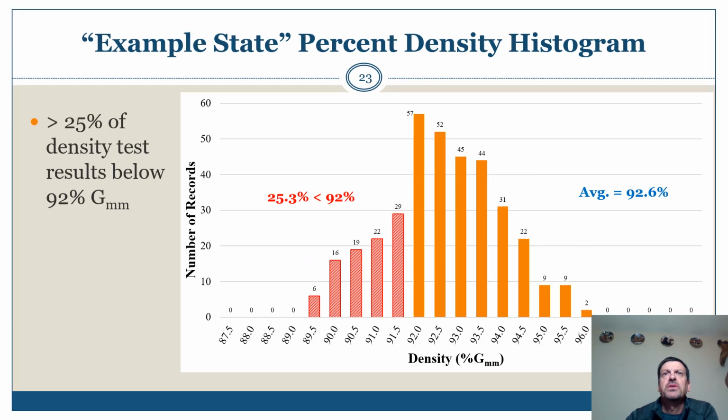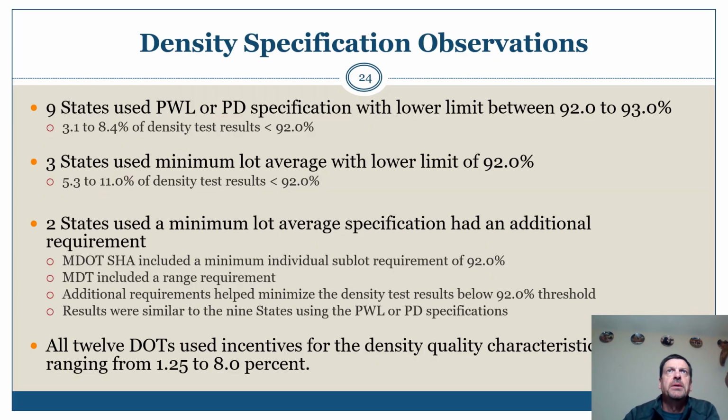This is a frequency distribution just like the previous one, and this is for that example state with the lower spec limit of 91.5%. The average is about 2% less than what Maine was getting, at 92.6, and over 25% of the test results are below 92% of GMM. So there's a pretty big difference with that lower specification limit.